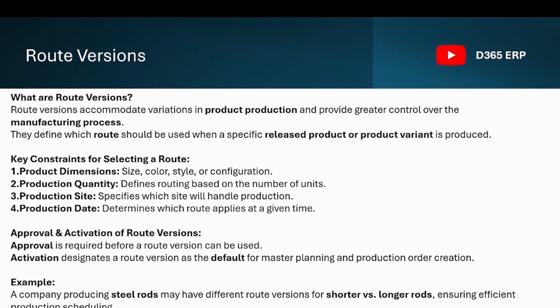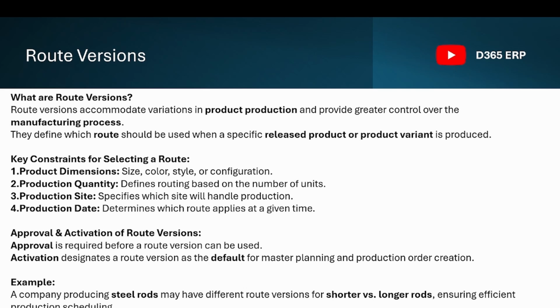Let's say we keep the same example, manufacturing a chair: to manufacture a blue chair the route process is different, and to manufacture a black chair the route process is different. That's why versions are created for one route.